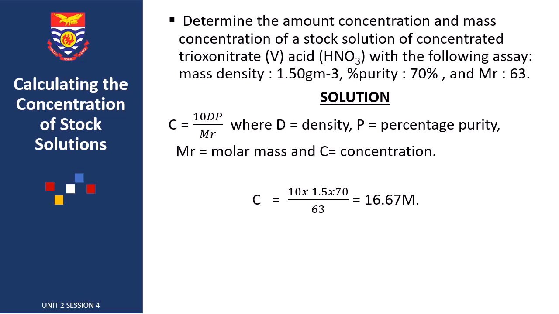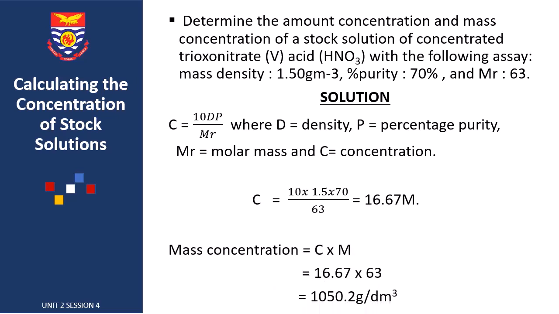Now the next thing to do is to find the mass concentration. And if we know the amount concentration, finding mass concentration is very easy, especially in a case where we've been given the molar mass or the relative molecular mass. We know that mass concentration is equal to amount concentration times the molecular mass or the molar mass.